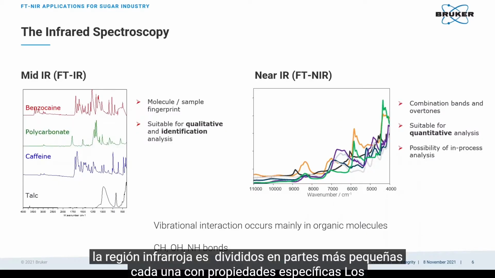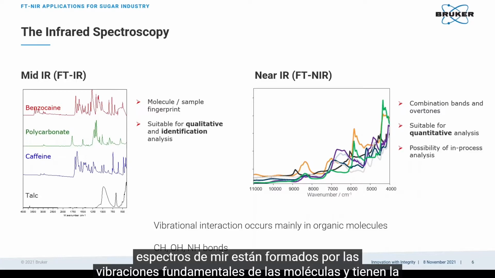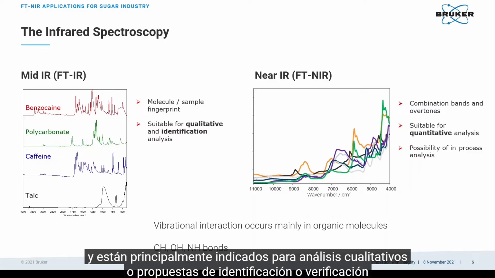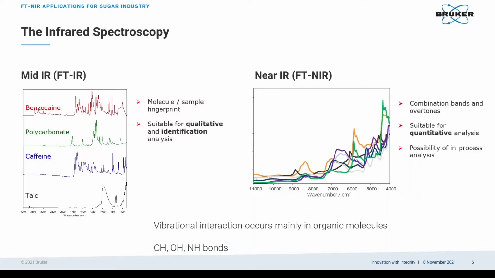The infrared region is divided into smaller parts, each one with specific properties. MIR spectra are formed by the fundamental vibrations of the molecules and have the characteristic of being like the fingerprint of molecules or samples, and are mainly indicated for qualitative analysis or identification or verification purposes.